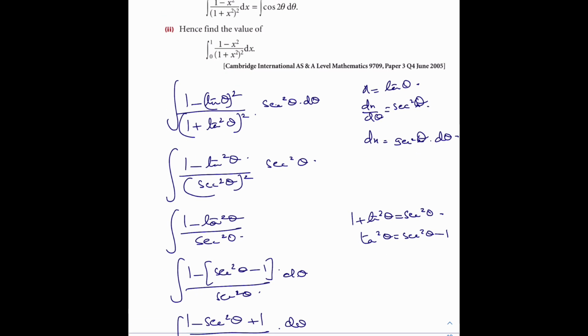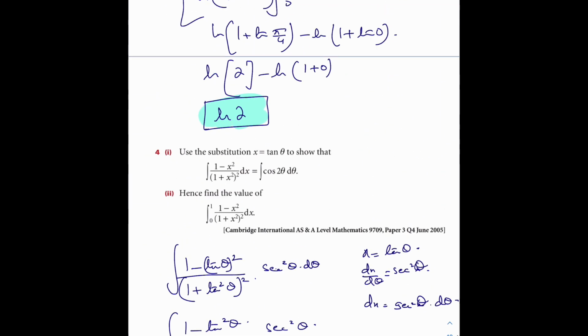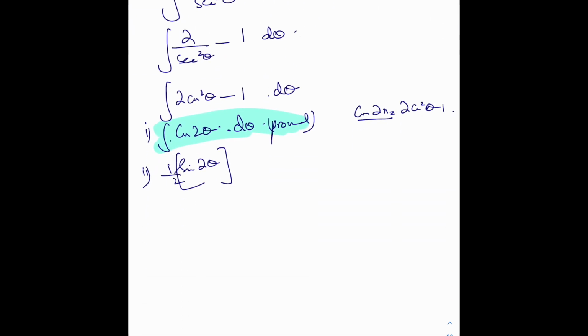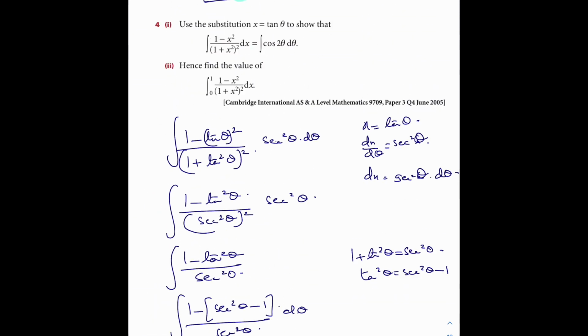But these are the boundaries for x, so we have to change it. What we can do is, in place of x, put the value from x equals tan theta.